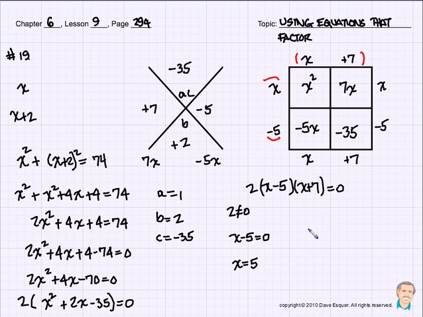So that gives us x minus 5 is equal to 0, or x is equal to 5, or x plus 7 is equal to 0, which gives us x is equal to negative 7. So we have two answers we have to choose from. And it says the sum of the squares of two consecutive odd positive integers. So we have to discount x is equal to negative 7 because that's not a positive integer. And the only solution that's going to work for us is x is equal to 5, our final solution.